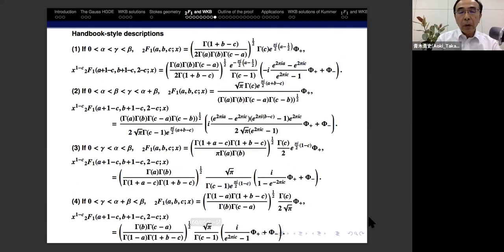Summing up, this is a handbook style description. There are four cases: first, second, third, and fourth.